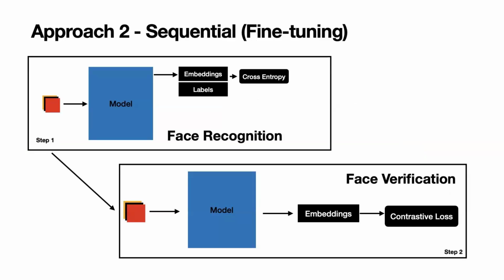But then after that, take the same model or a new model and do contrastive loss as a separate fine-tuning step. That's how the notebook is structured, separated into these two sections. And this extra fine-tuning will help you reach the high cutoffs for the verification task.